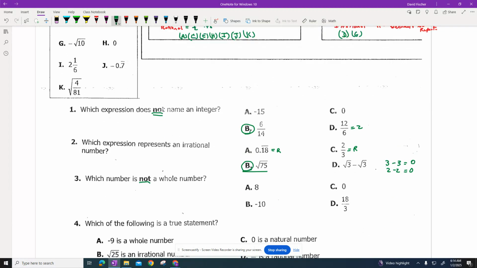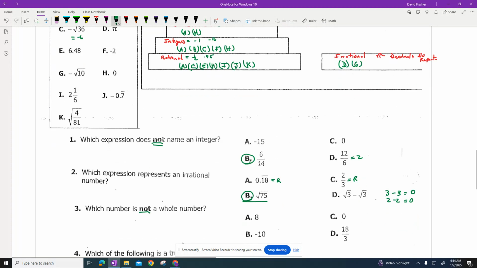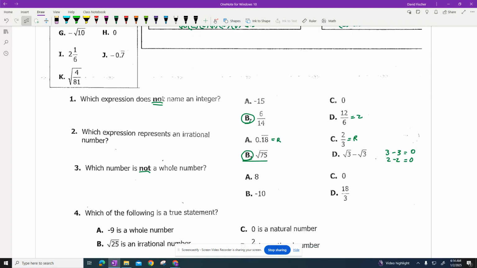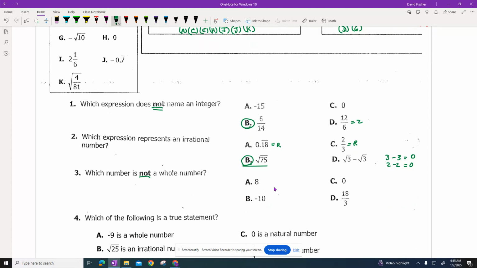Well, 8 starts way up here, and it falls into the whole number category. 0 already starts at the whole numbers, so it's a whole number. But now look, negative 10 starts down here, and it can only be an integer and a rational number. It can't go up. So negative 10 is not a whole number. I'll circle it for right now for sure.